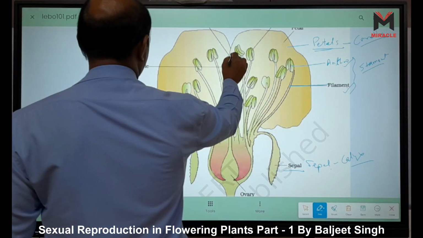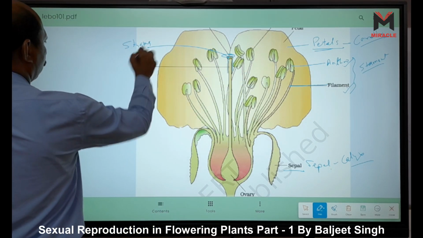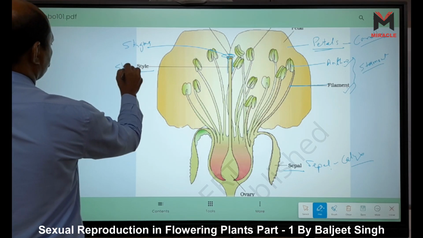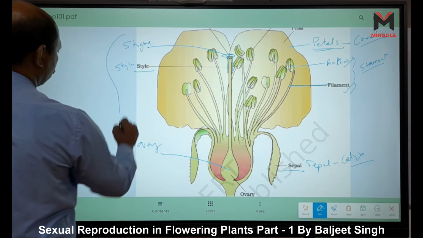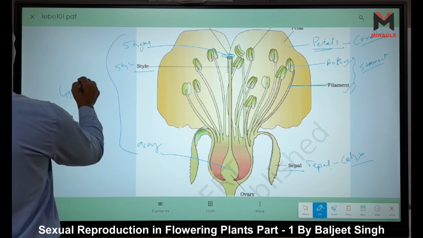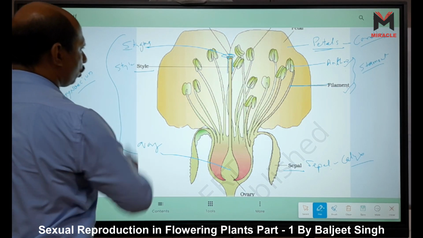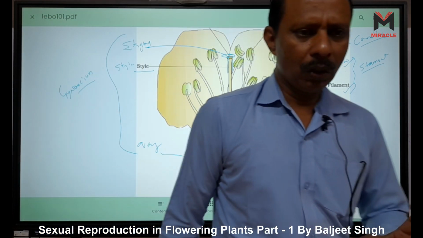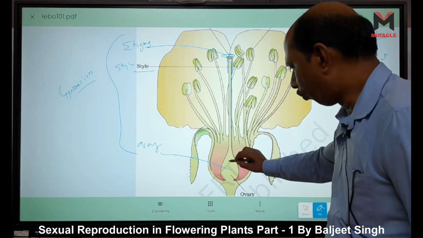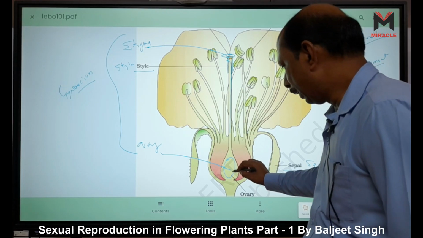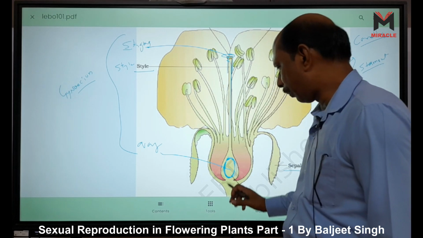And this middle part, this one is the stigma. This is our style, and here is the ovary. These three parts form the Gynoecium. The stigma is the topmost part, which provides a platform for pollen. Second, the style, and then the ovary. In the ovary, ovules are there. These are ovarian locules, which we also call carpels.